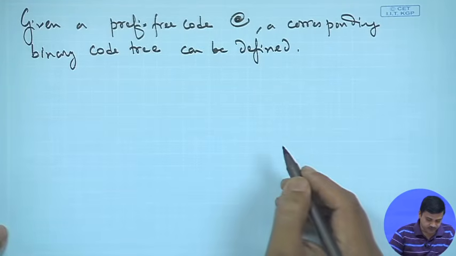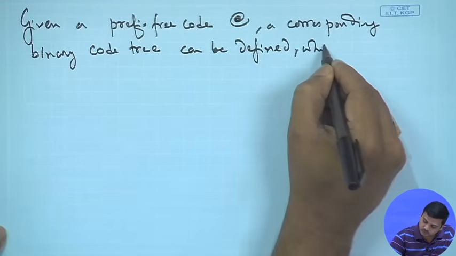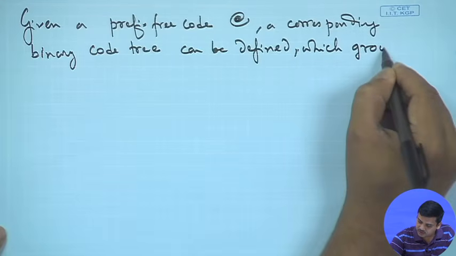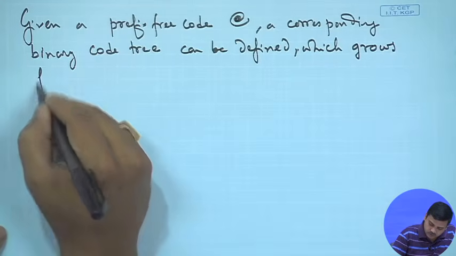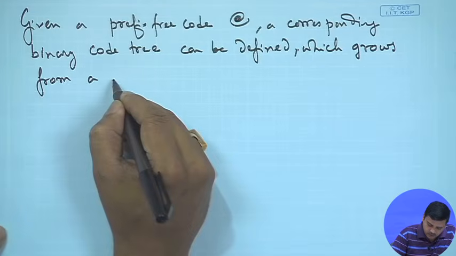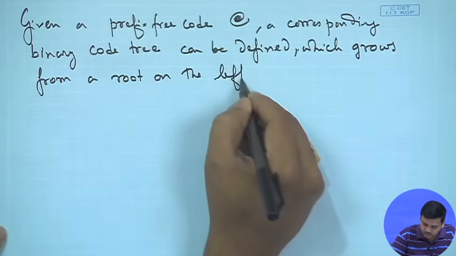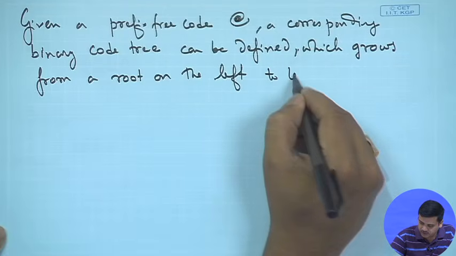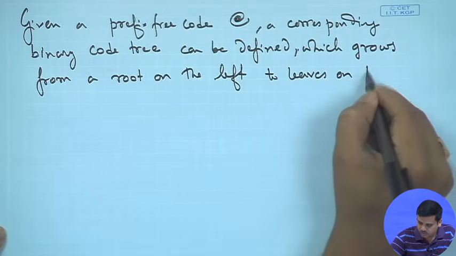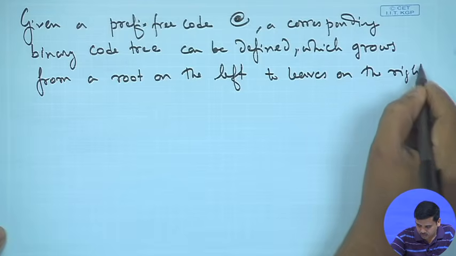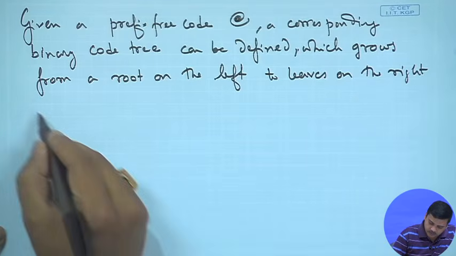This is very interesting, which grows from a root on the left to leaves on the right, representing code words.